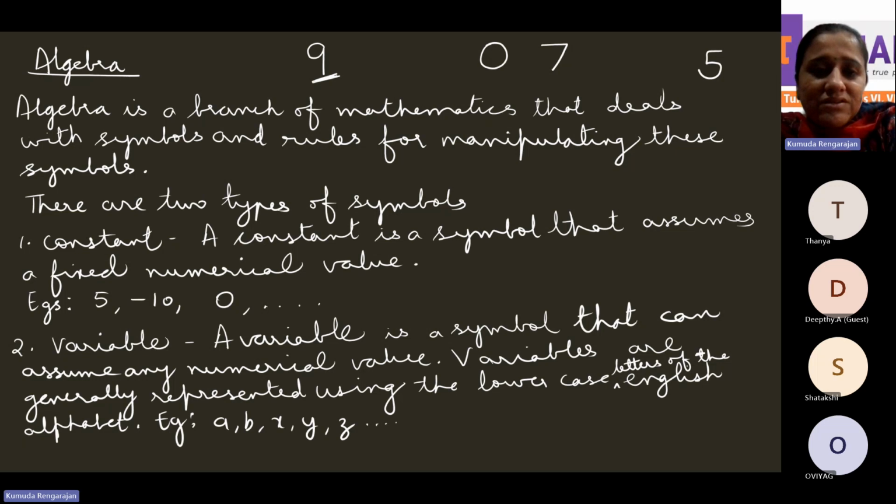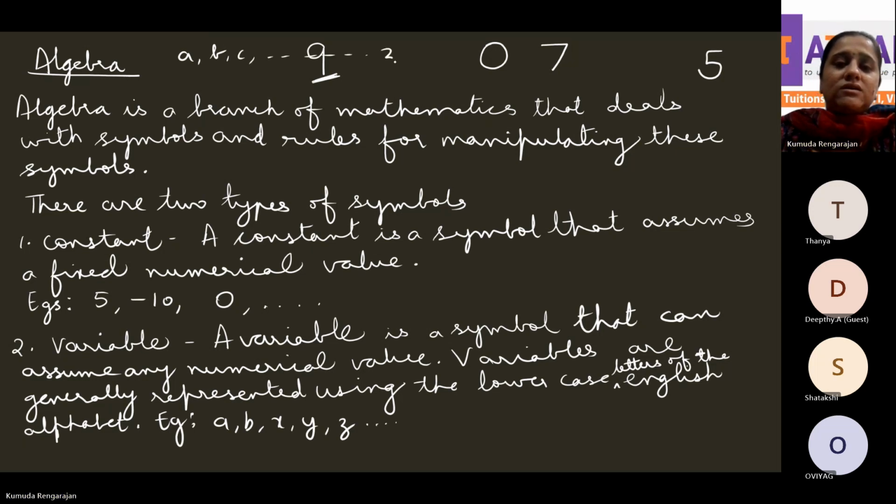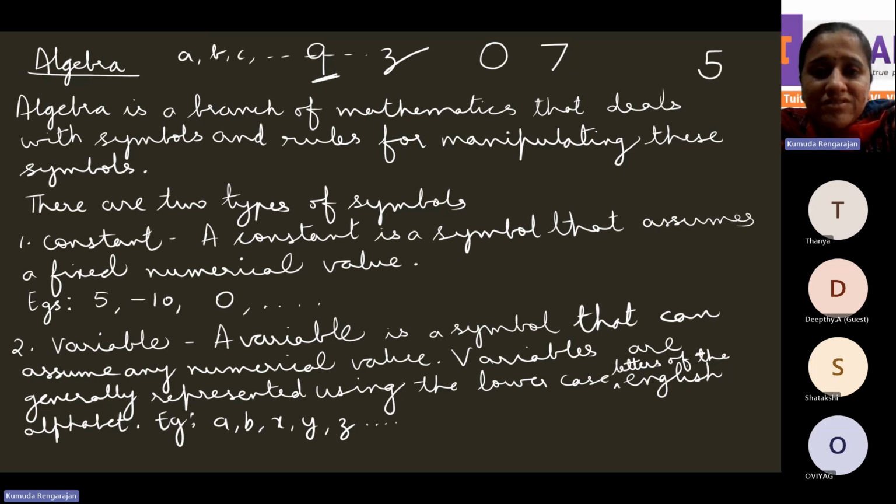Now, variables are represented in algebra using the lowercase letters of the English alphabet, which means small letter a, small letter b, small letter c, so on till small letter z. So these letters are used to represent variables.